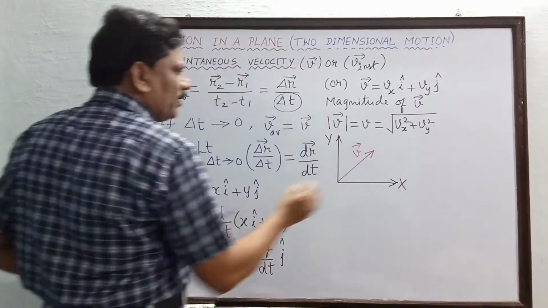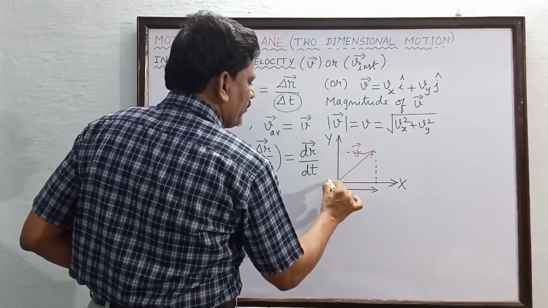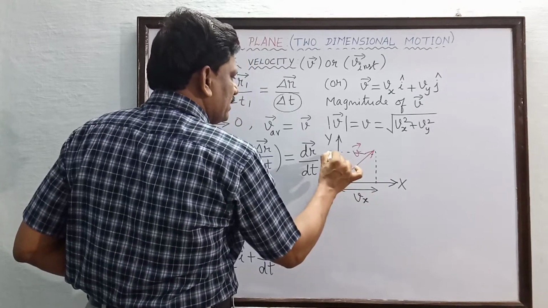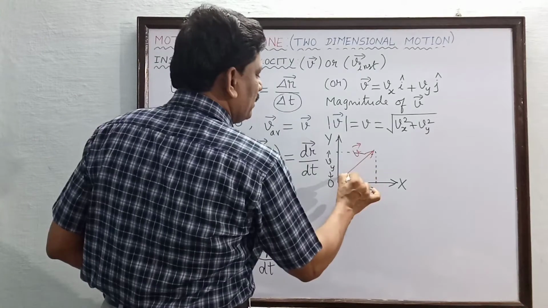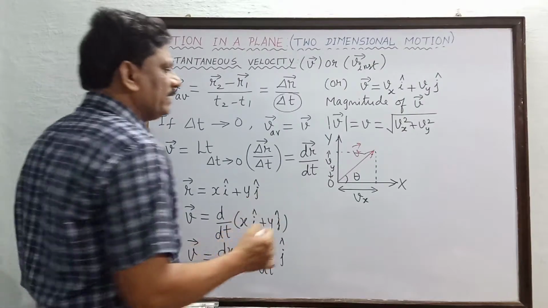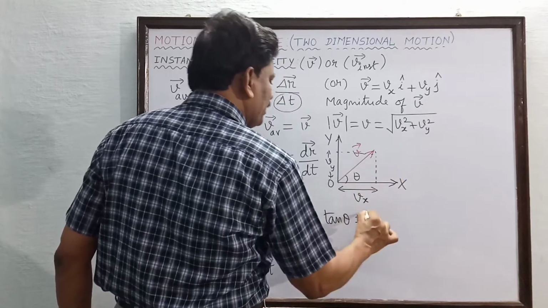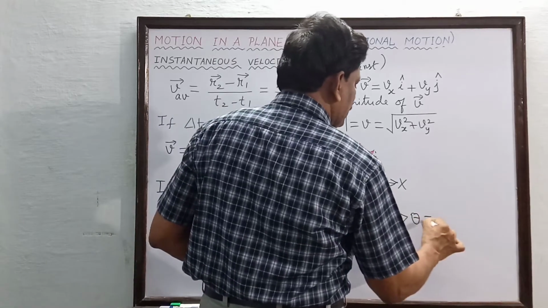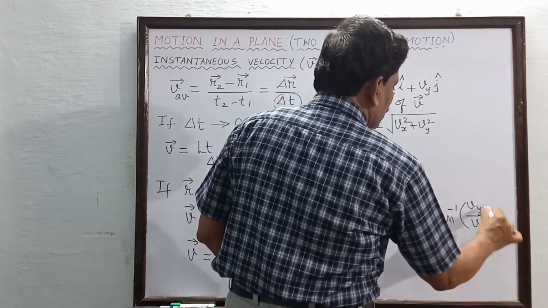You can project this on the x-axis and the y-axis like this, so that from the origin this length is equal to Vx and this is equal to Vy, and this v makes an angle theta with the x-axis. So here I can take tan theta is equal to Vy divided by Vx, and this implies theta is equal to tan inverse of Vy divided by Vx.